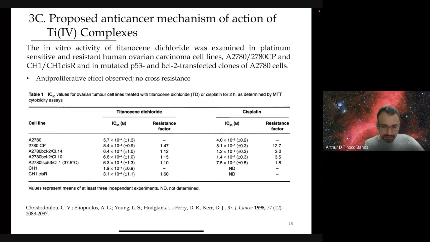So for instance, here we're looking at titanocene dichloride tested against a few different cell lines. And here we have a family of A2780, which are human ovarian carcinoma cell lines and different variations of those. The variations are those that are cisplatin resistant. And what you can notice is that there is an activity of the titanocene dichloride against these cell lines that are cisplatin resistant.